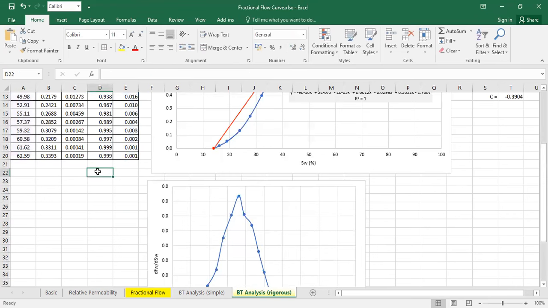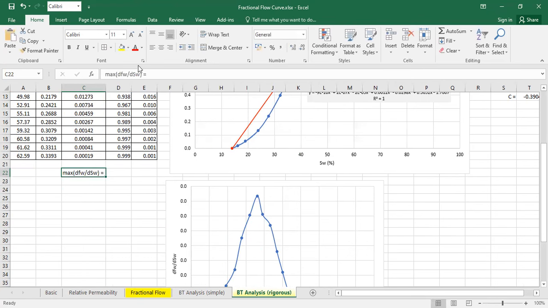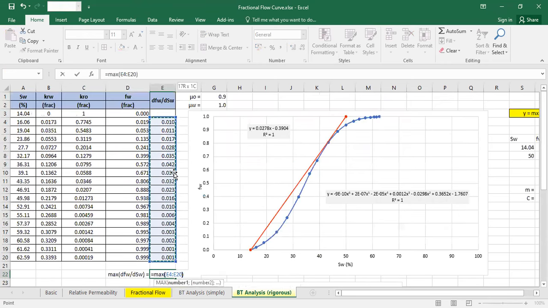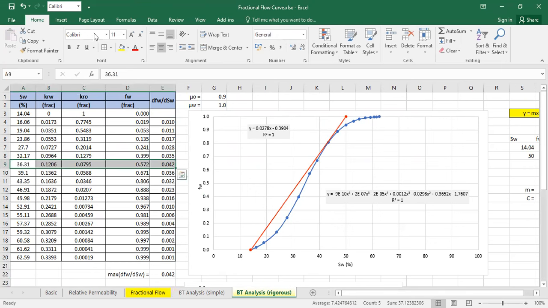We can easily find that by using max DFW DSW. Okay, it's 0.0042.